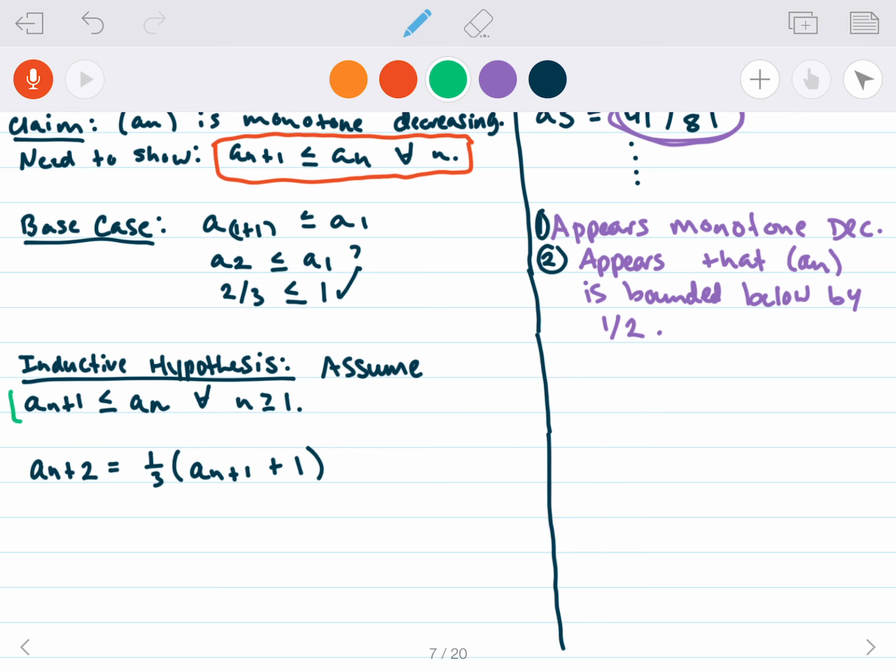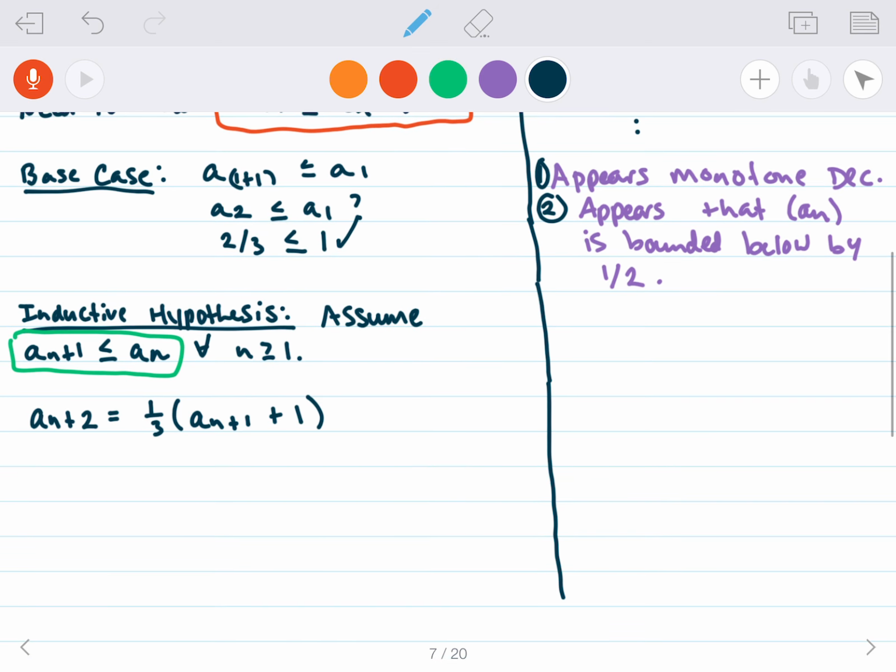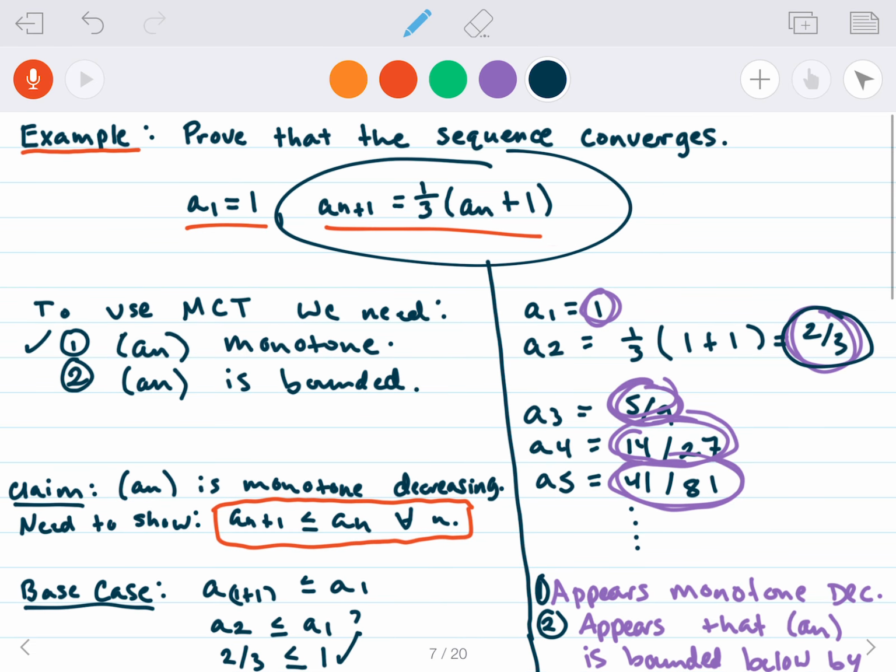Okay, so our inductive hypothesis says that we can assume that this is true. And because of this, because a sub n plus 1 is less than or equal to a sub n, then this whole thing is less than or equal to 1/3 times a sub n plus 1. We're just using this in green to get to this line right here. Okay, and this is exactly equal to a sub n plus 1 by the definition of our recursive sequence.